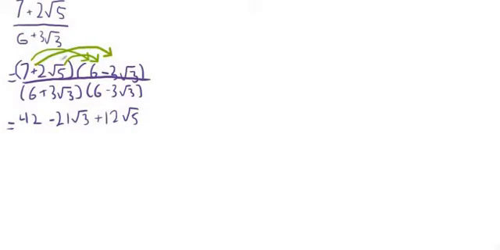Then we have 2 root 5 times minus 3 root 3, to give you minus 6 root 15, over 6 times 6 is 36.